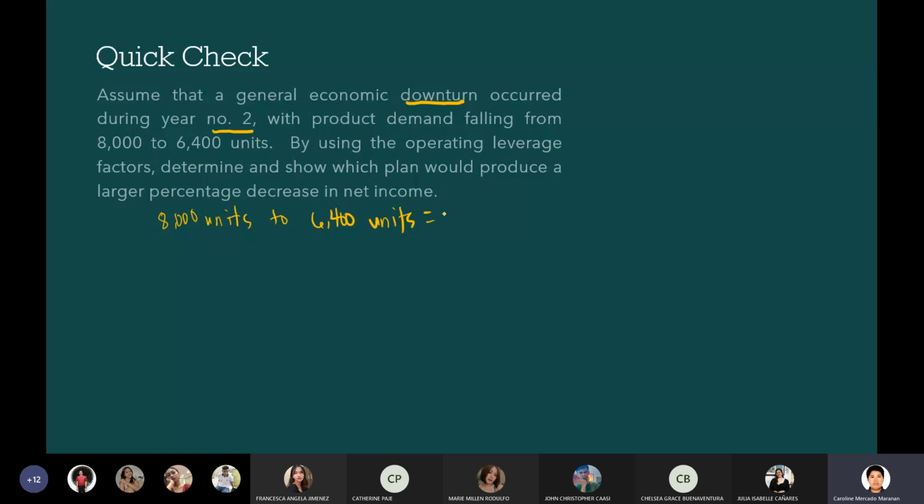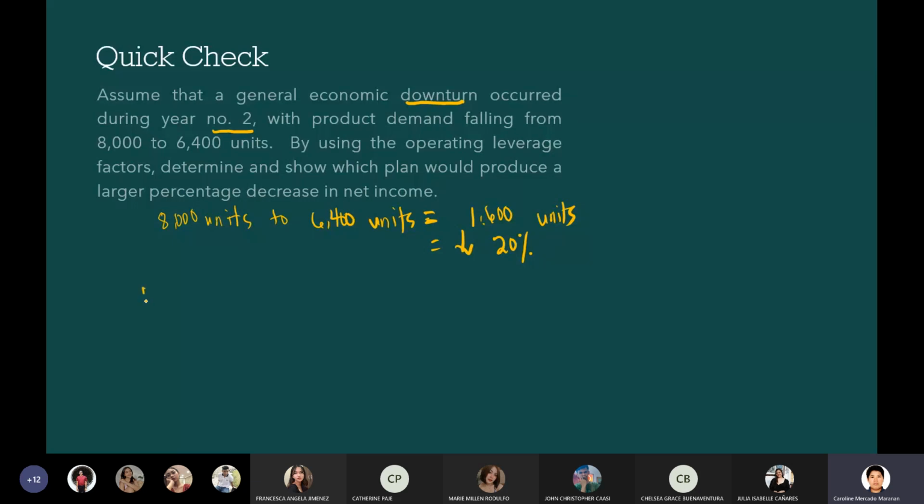So, ilan kayang percentage to nang nabawas? So, ang nabawas dito ay, ang na-decrease sa sales natin ay, magkano to? This is 1,600 units. So, nag-decrease ang ating sales, decrease ng 20%. So, because 1,600 divided by 8,000. So, decrease by 20%. Tingnan mo yung effect.